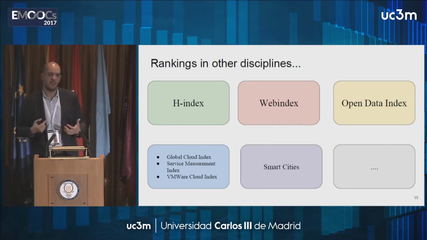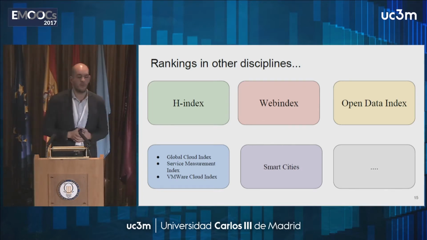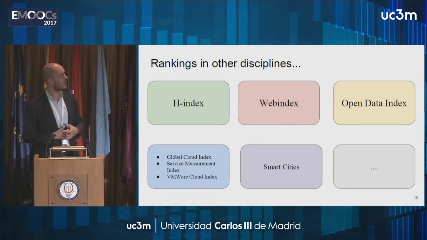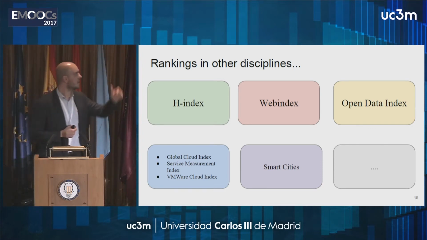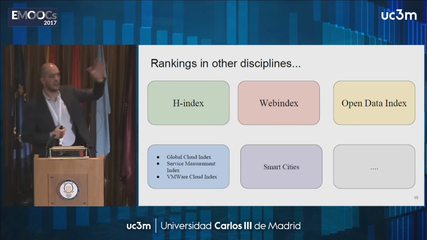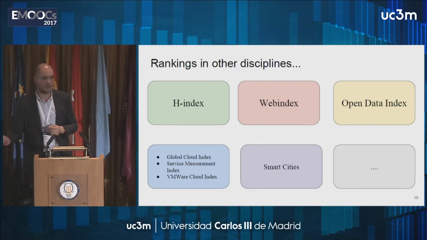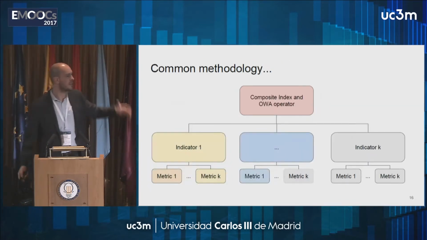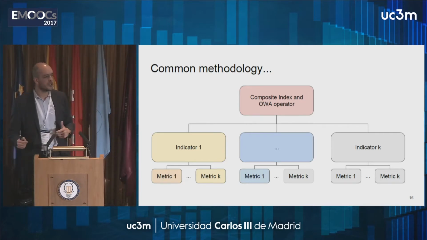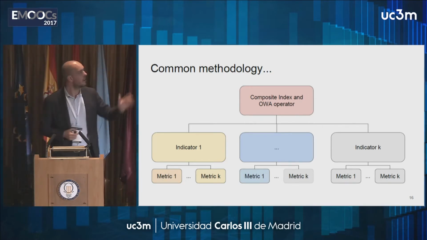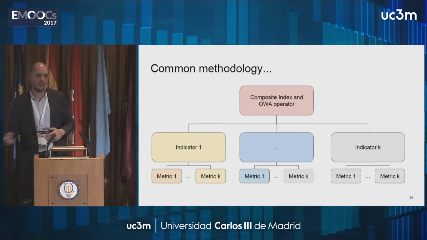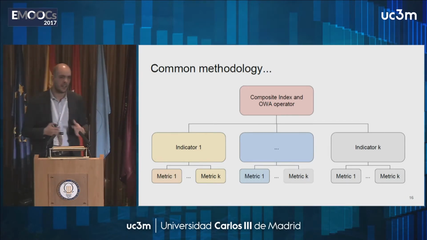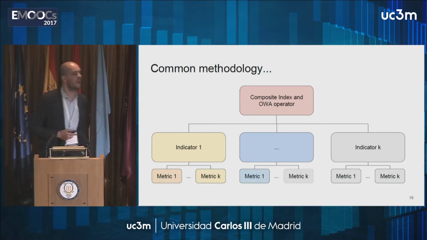This is being done in many environments, like the H index, the web index for the web, the open data index for smart cities, for cloud providers. In any environment, we can find this concept of an index. And what is an index? It's just a composition, through some kind of operator, of different indicators that are measured by different metrics. So this is a commonality that we can take for defining our own indicator.